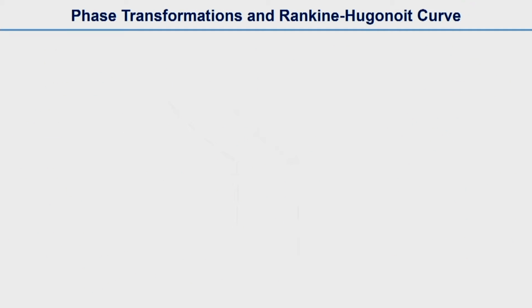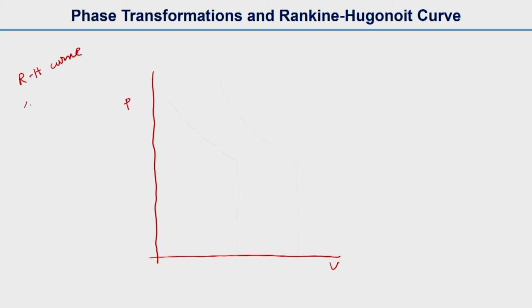So we will see a 2D plot, which will be easier for us to visualize. The earlier plot was complicated because we had a temperature axis as well. Now here we have the same case in a simple PV plot, the same adiabat, which we can call the Rankine-Hugoniot curve, or even the shock adiabat, because it's an adiabatic process.